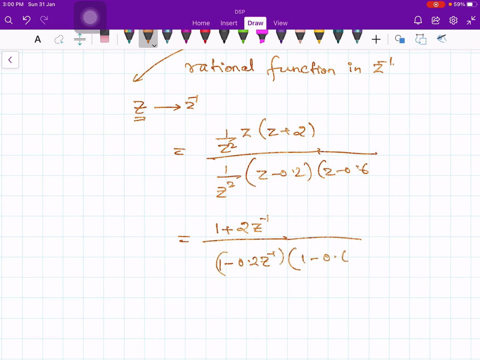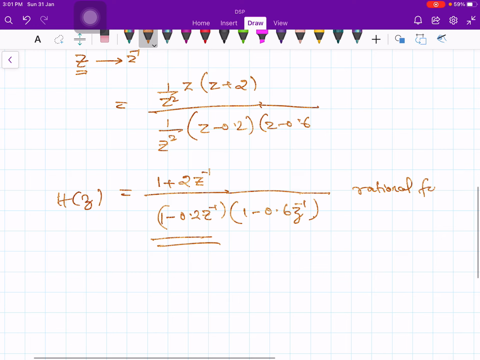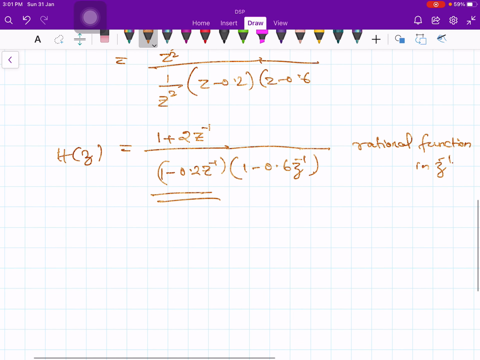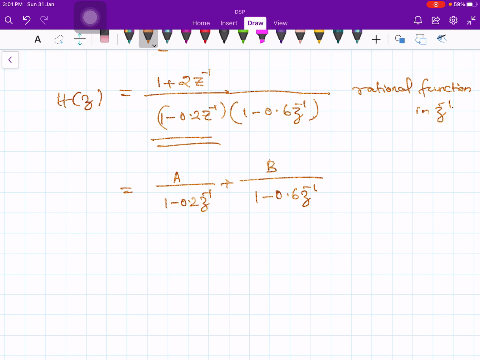Okay, now you look at this expression. This H of z is given in terms of z inverse, so this is the rational function in z inverse. Now you expand in partial fraction. So I can write A divided by 1 minus 0.2 z inverse plus B divided by 1 minus 0.6 z inverse. Why do you write it in this form, A divided by something plus B divided by something?